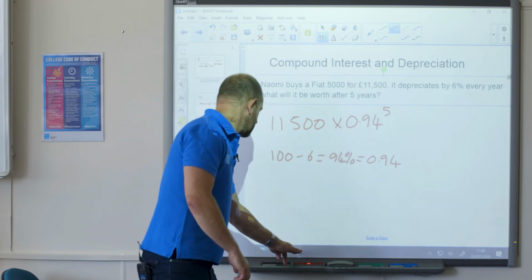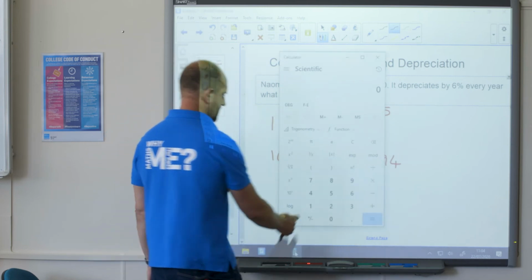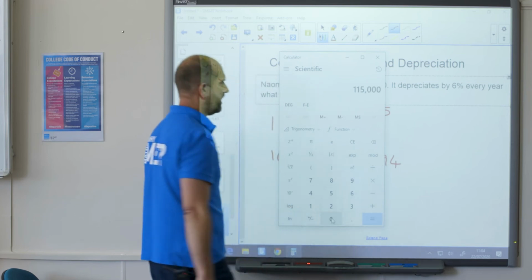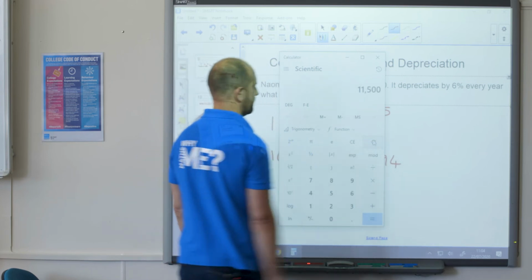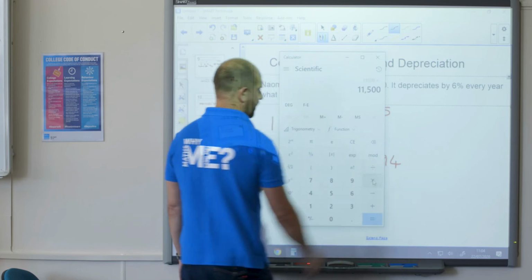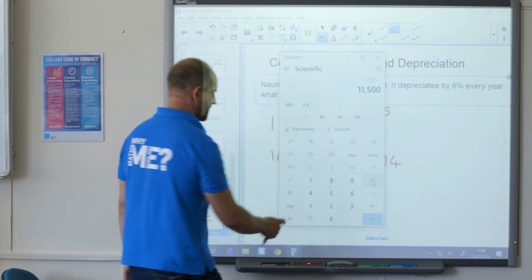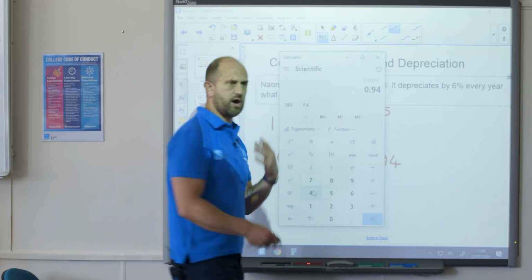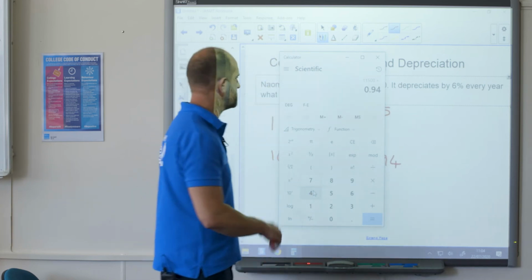So again, into our calculator. So she bought the car for 11,500. Our multiplier was 0.94. So that's 100% minus that 6% depreciation.